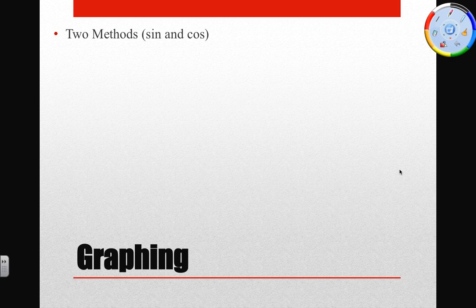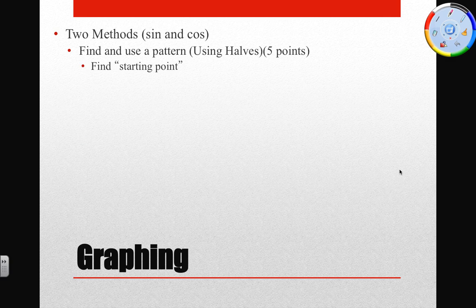One method is my method that is more of a trick than anything, but it's kind of how people who become familiar with graphing are able to graph in this manner. So what we do is use a pattern. This uses 5 points, using halves, using the starting point, and that stuff I'm going to get to in just a second. So you need to find the starting point.